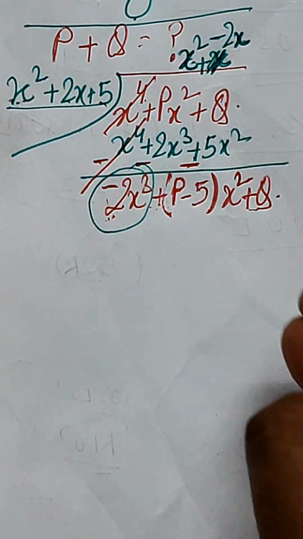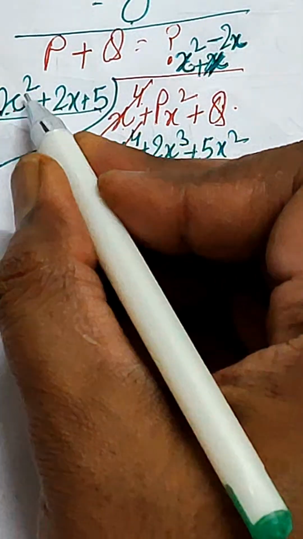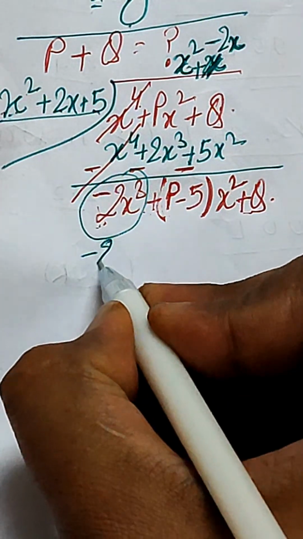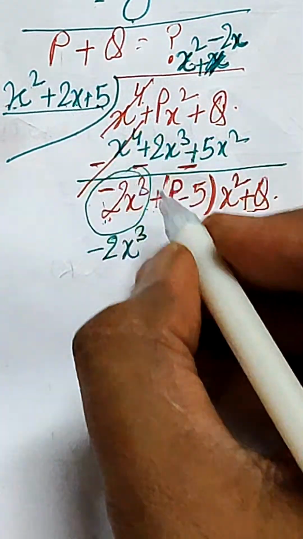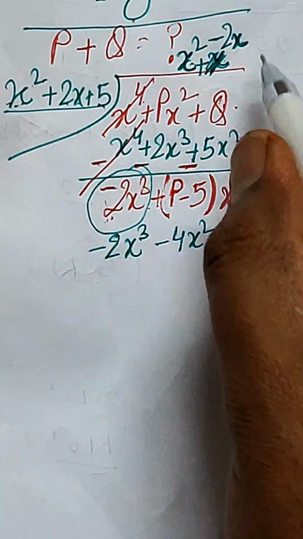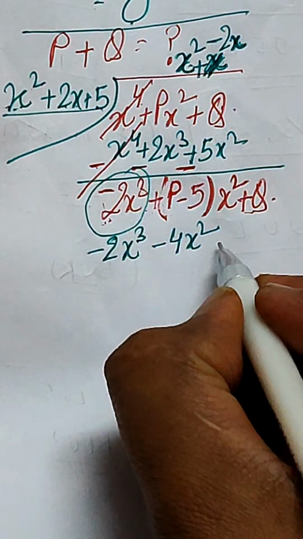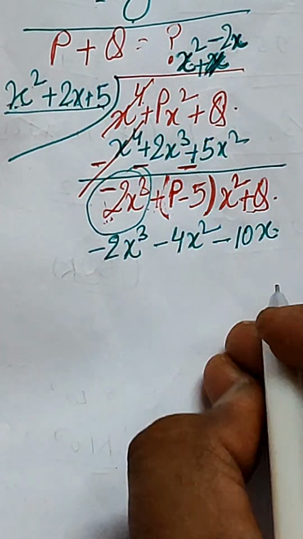Minus 2x into 2x will be minus 4x square. Minus 2x into 5 will give you minus 10x.